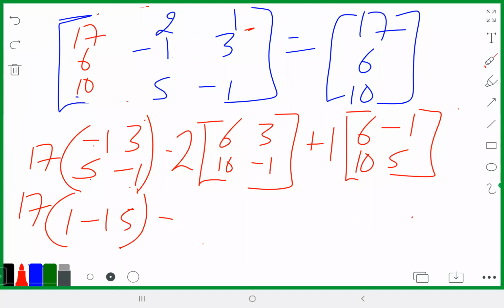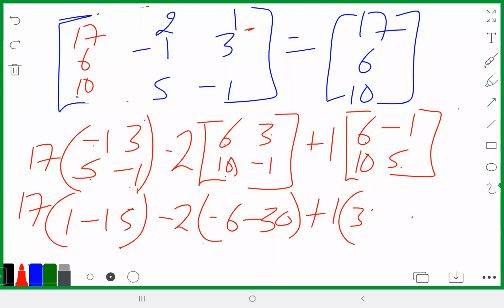Okay? -2. 6 times -1 is -6. 10 times 3 minus 10 times 3, which is 30. Right? Plus 1 times 6 times 5, it is 30. Minus 10 times -1, it is -10, like that.